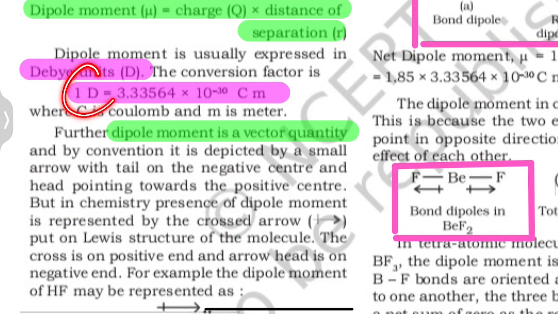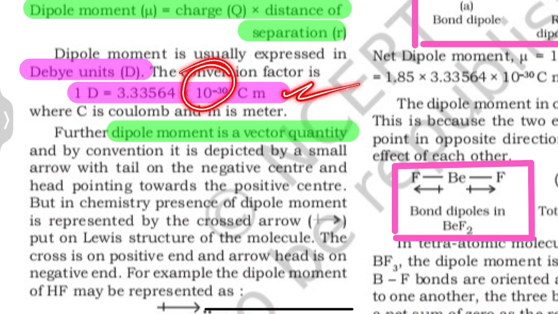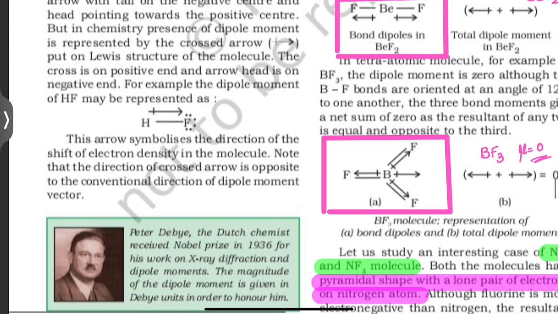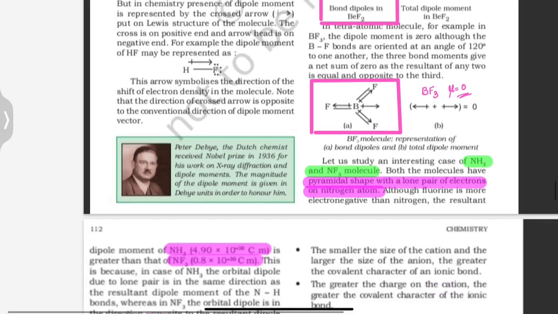Remember this also. It is a vector quantity because it depends on the direction. Here you can see HF. You write the arrow towards the electronegative atom. If you compare these two, fluorine is more electronegative, so you have to write the arrow towards the fluorine atom like this.